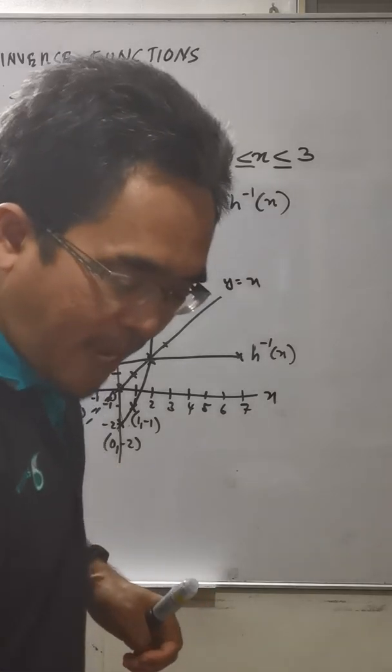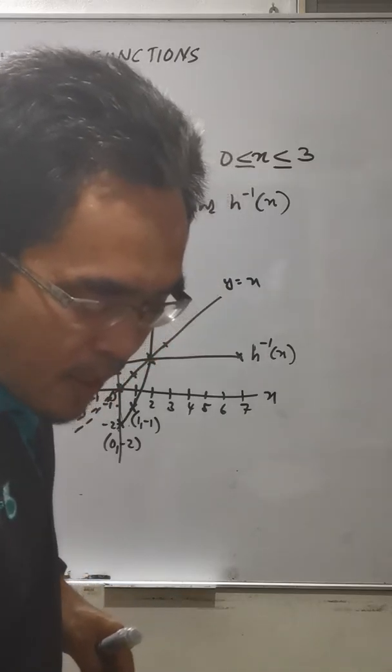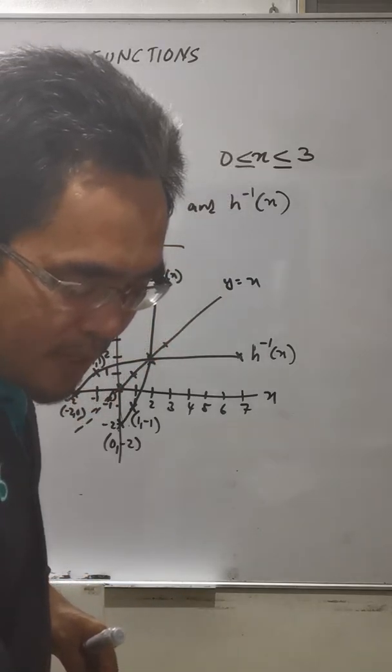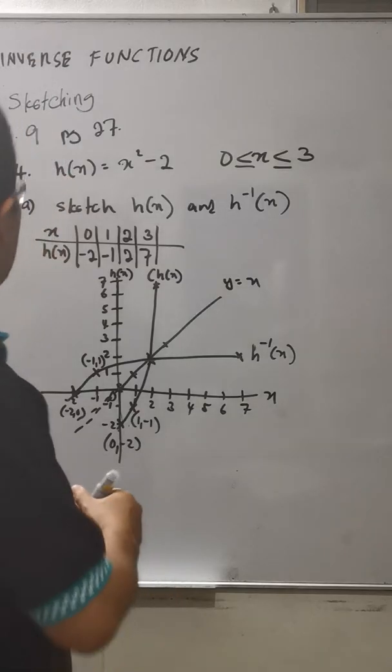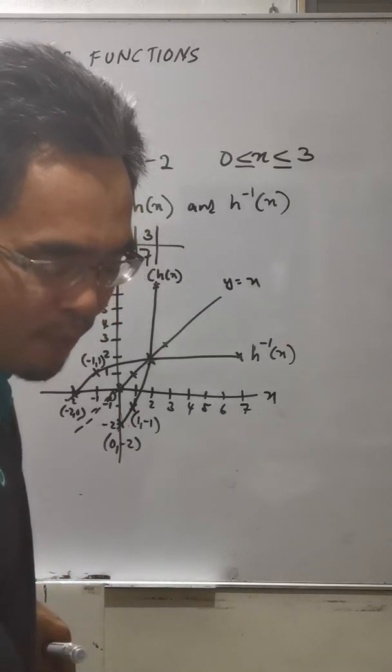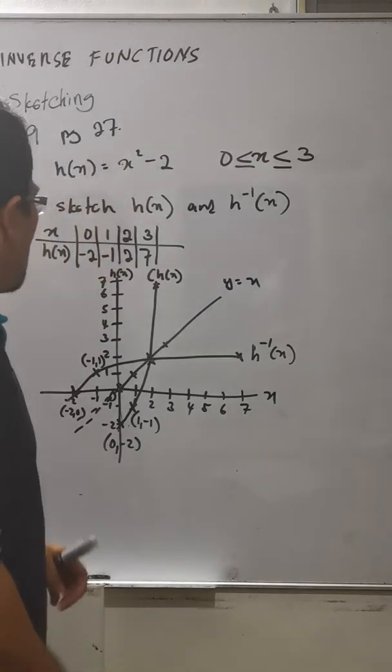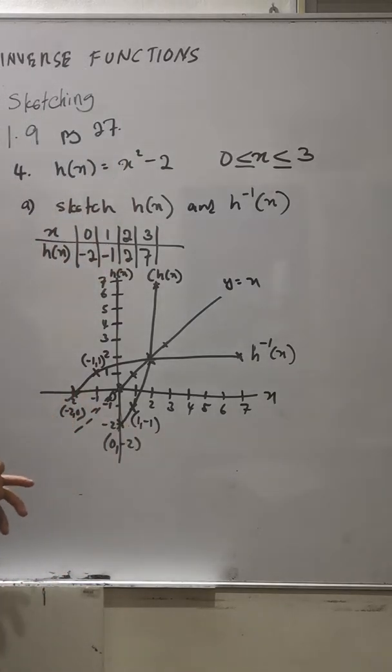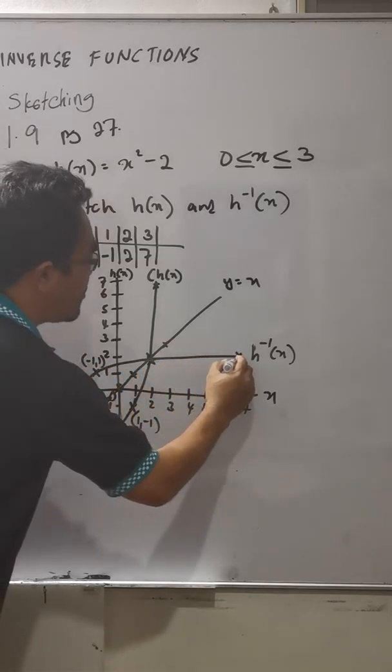Okay, so that is the sketch of the graph. Is there anything else? Okay, so that is it for A. And then for B, state the domain of the inverse of h. What is domain? Domain is the object.